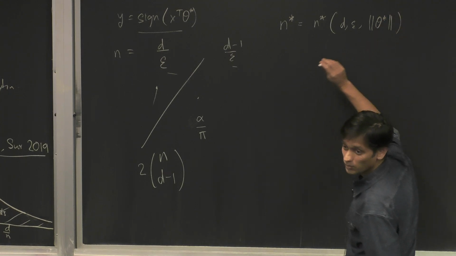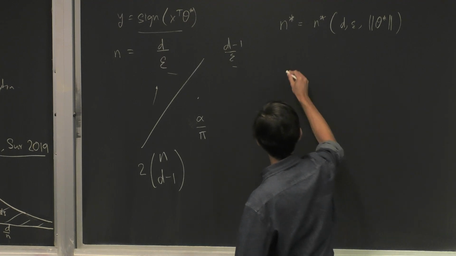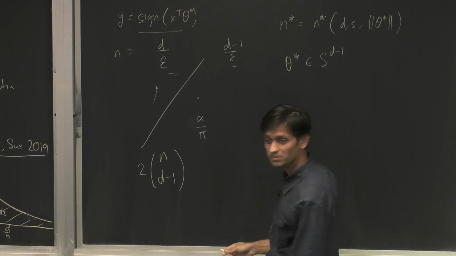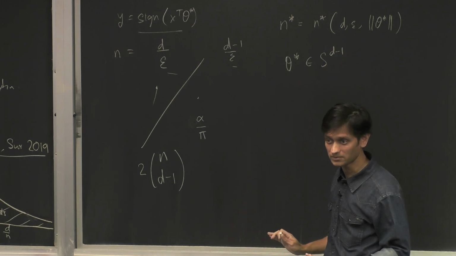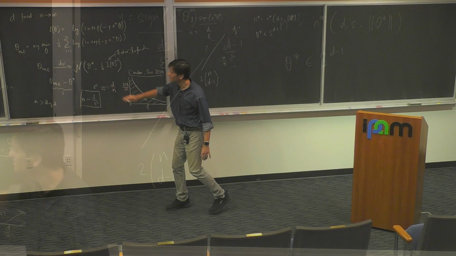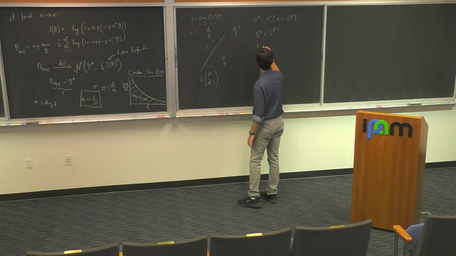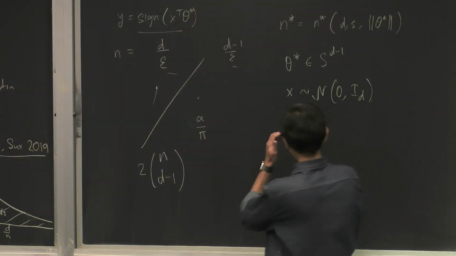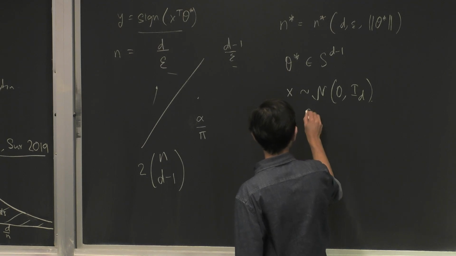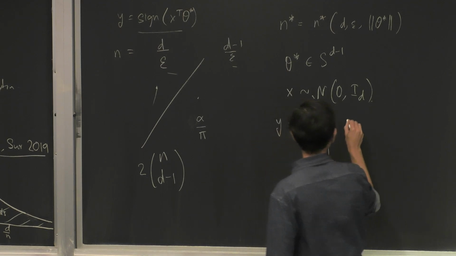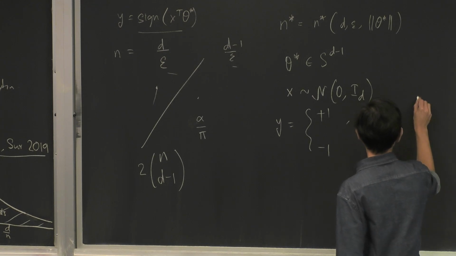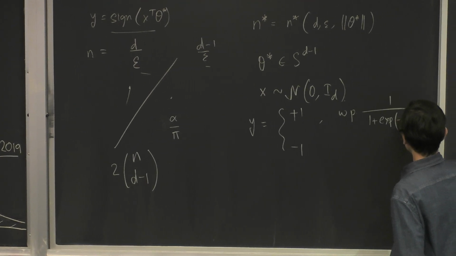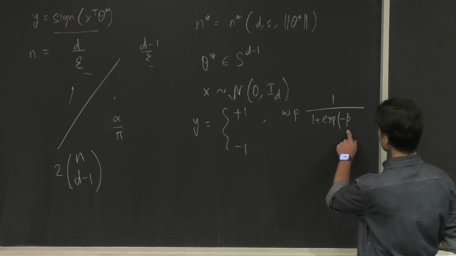To make it well defined, let's do the following. Let me assume the parameter theta star is from the unit sphere, and I'm just going to separate out the norm and assume that the norm is known for now. So my model is changed slightly. Again, similar to before, x is N(0, I_d), and y is plus or minus 1, but it is plus 1 with probability 1 over 1 plus exponential of minus beta x transpose theta star.